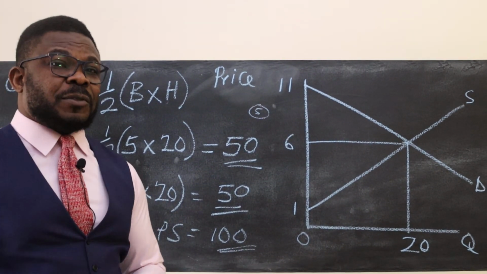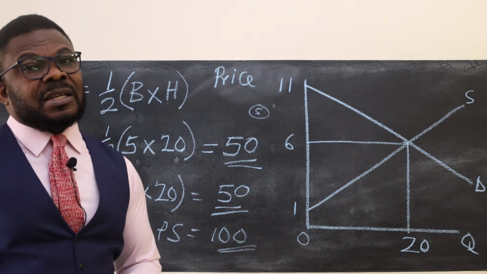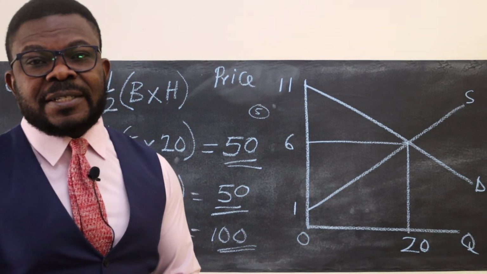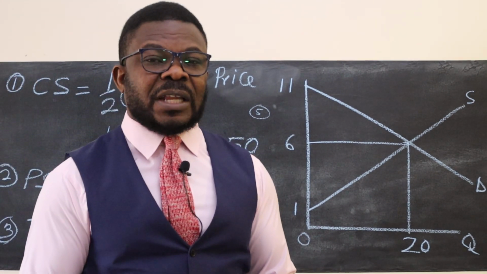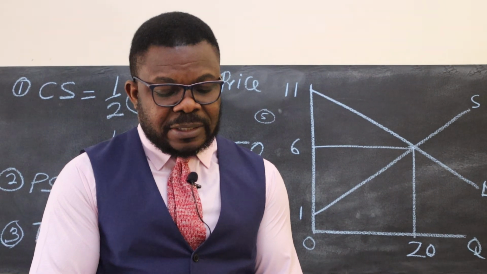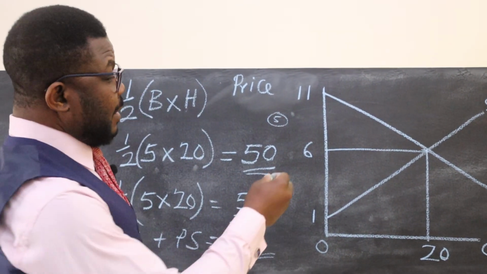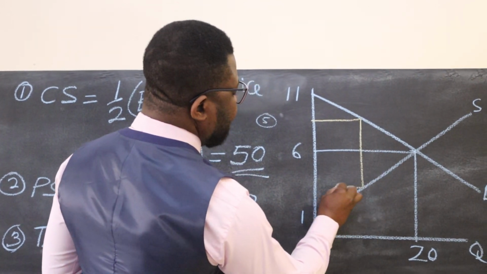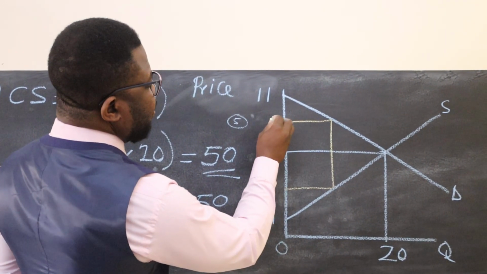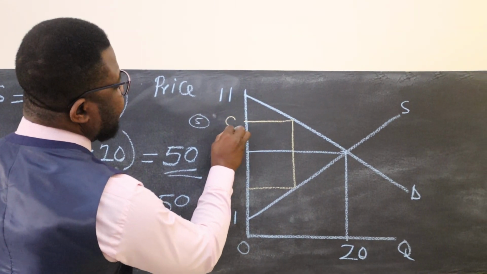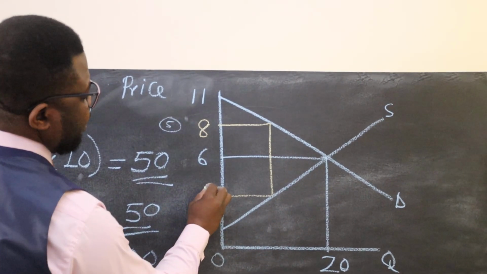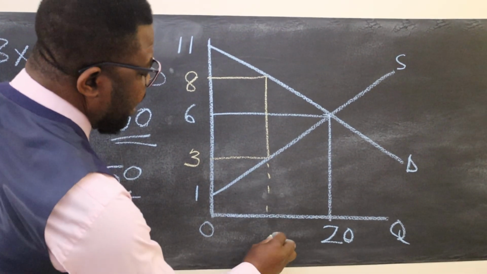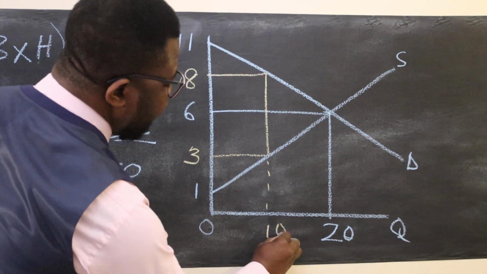There's one more thing that we have to bear in mind. Sometimes the government may impose a tax, and again, following the rules of mathematics, you can easily work out the level of tax. For example purposes, I'm just going to put a line through here. Let's say we put 8, and let's say we put 3. As a result of that, let's say quantity has gone down by half.